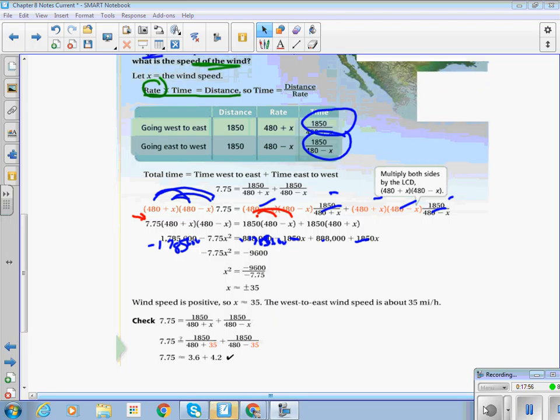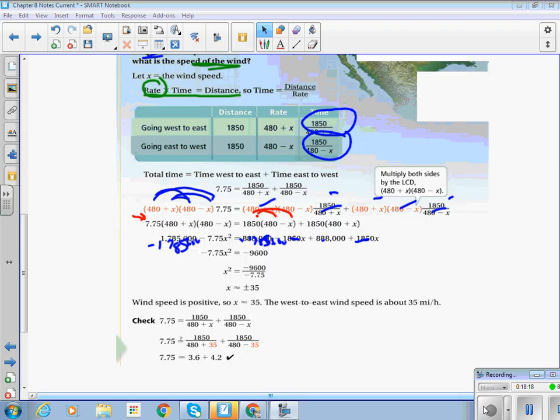We're going to check to make sure that works for this problem. So we plug in 35 and we get 1850 divided by 480 plus 35 plus 1850 divided by 480 minus 35. That reduces down to 3.6 plus 4.2.